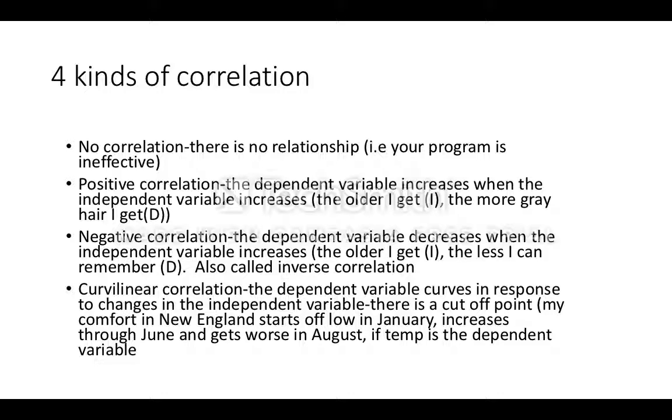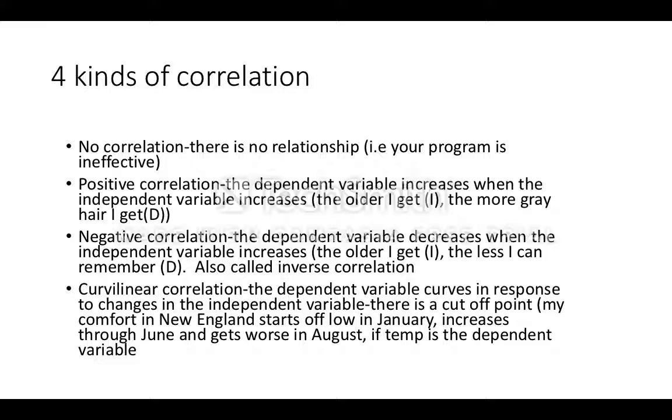So in other words, the two variables are moving in different directions. This can also be called an inverse correlation. So for example, the older I get, the independent variable, the less I can remember, the dependent variable.